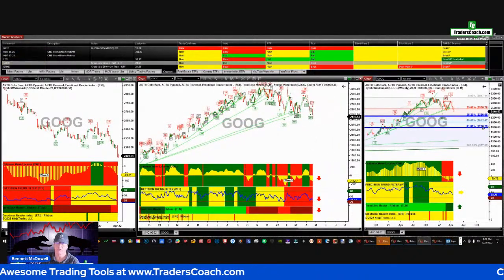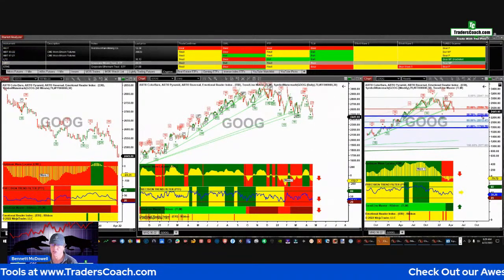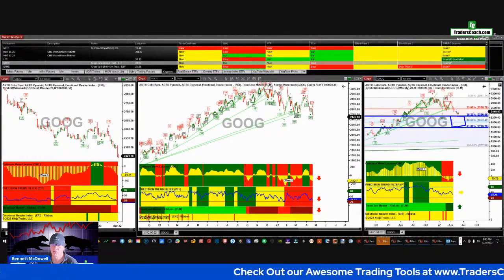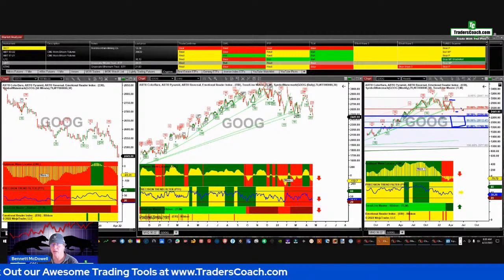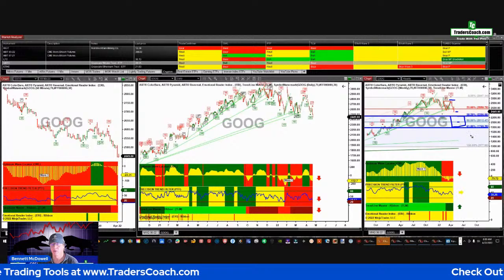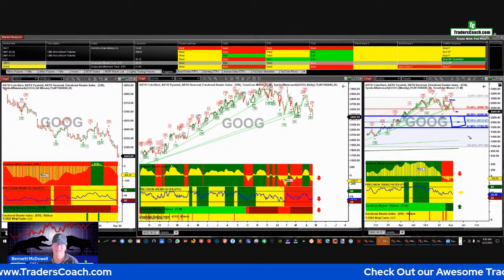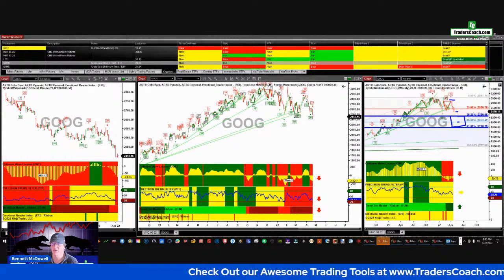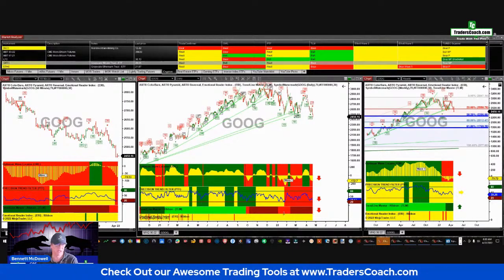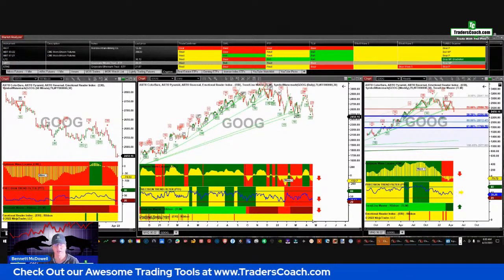If we think the first target is 2256 in this area here, prices are already at 2449. Even if you put the stop above here, your risk to reward is not 2 to 1. If anything, it's under 1. So that would keep me from taking a short trade here at this time.